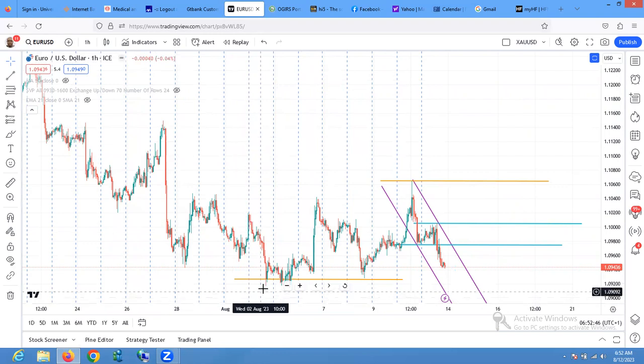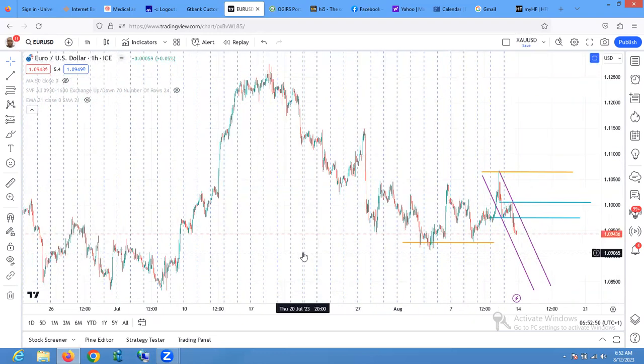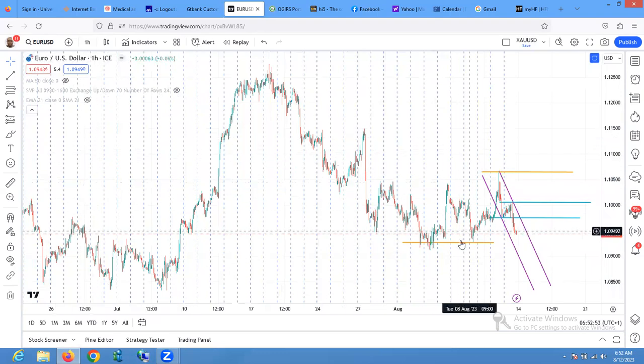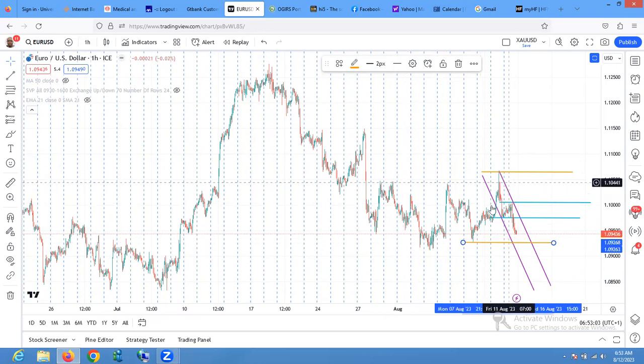What I would expect before we say we are growing into a new wave is this: this is the immediate wave that we have to break.